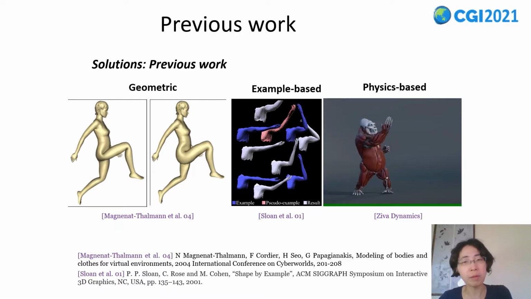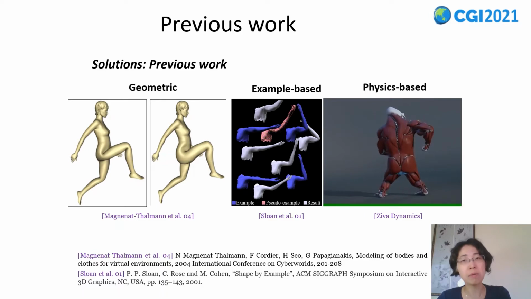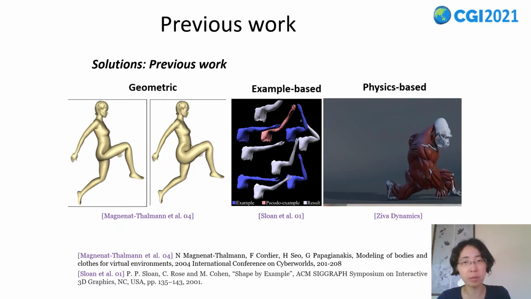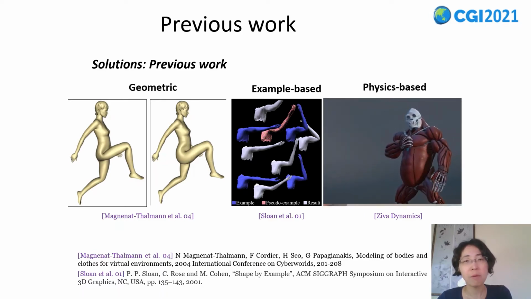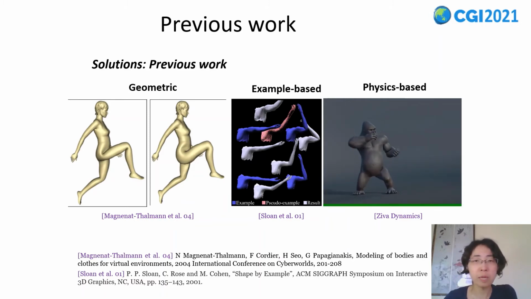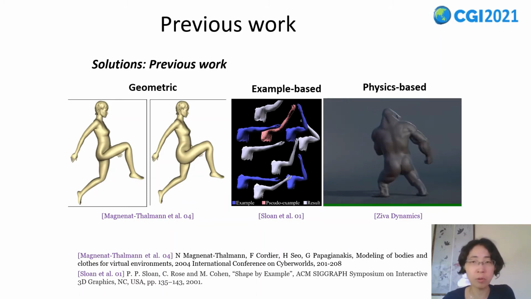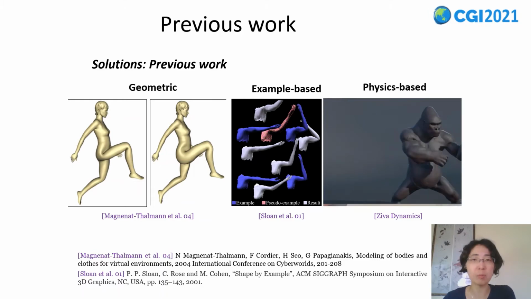Example-based methods are based on a sparse set of quality shapes, which can be leveraged by scattered data interpolation. Physics-based methods aim at obtaining high-quality results by modeling the anatomical components of the body, consisting of individual bones, muscles, and soft tissues covered by a flexible skin.